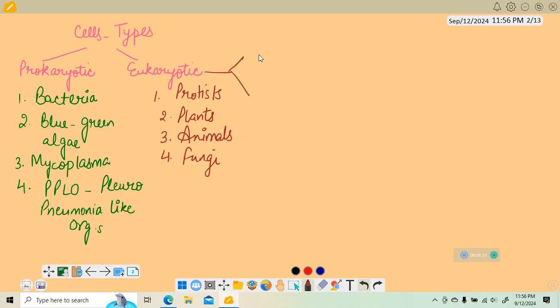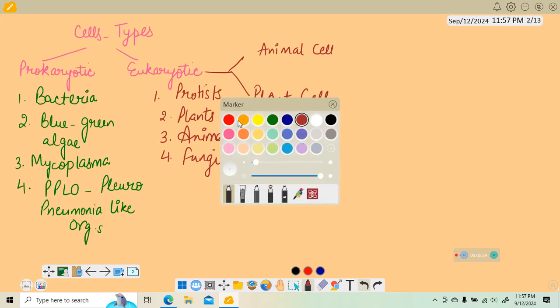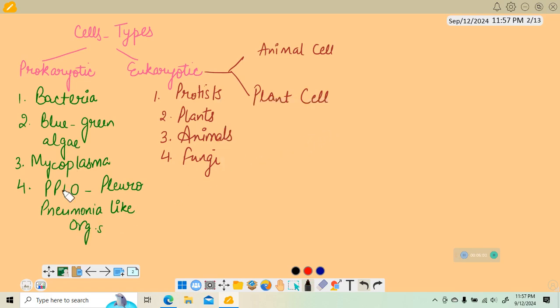So basically in eukaryotes we have animal cell and plant cell. So basically you have to look for animal cell and plant cell. Okay, then in prokaryotes, here we don't have a nucleus.